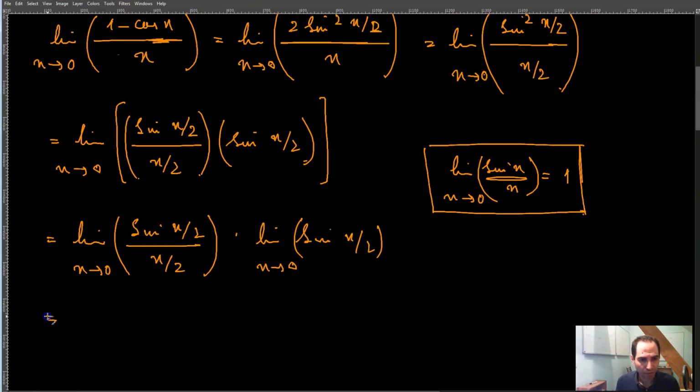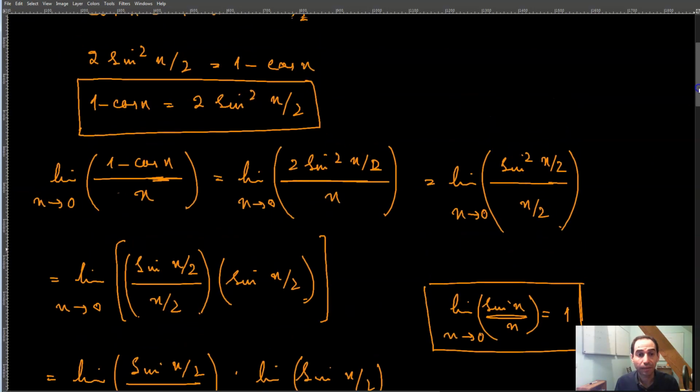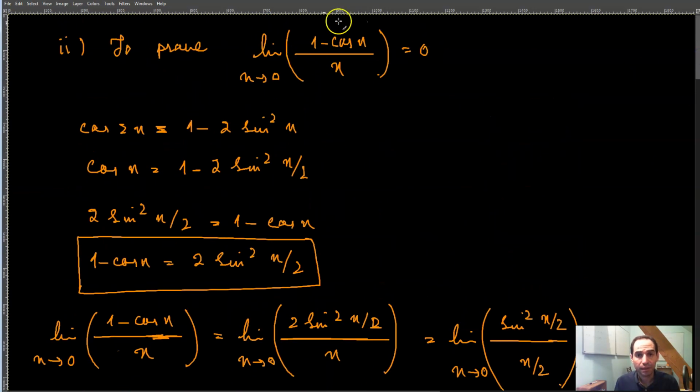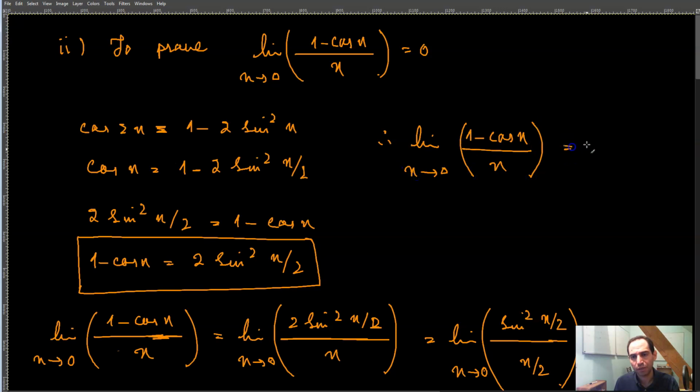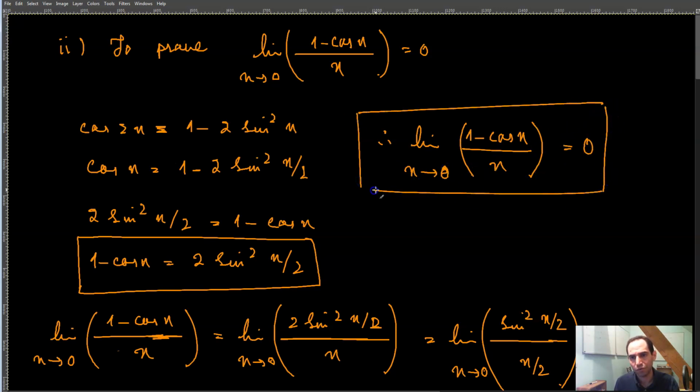So then you have 1 times 0, which is equal to 0, and therefore the limit of (1 minus cos x) over x as x tends to 0 is actually equal to 0. That is what we wanted to prove.